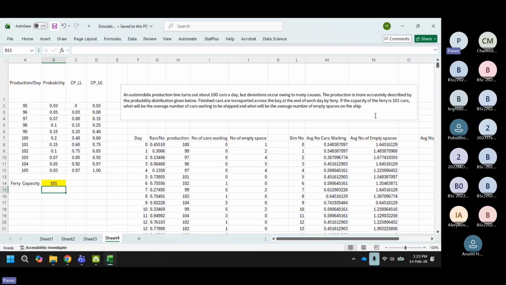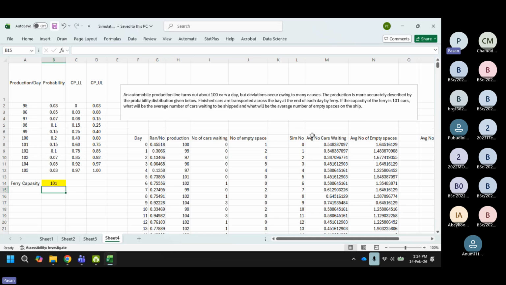So whether some of the cars are waiting, or the ship is running with empty spaces, on average what will that situation be? Our target is to find some average number for these figures, right?